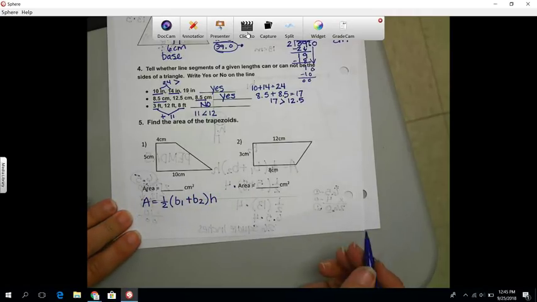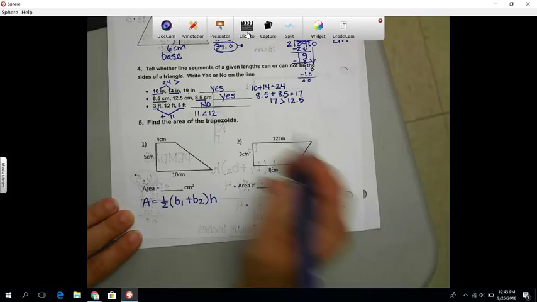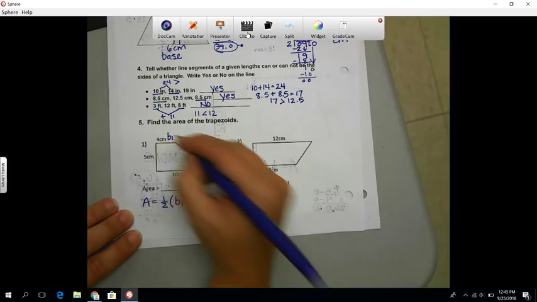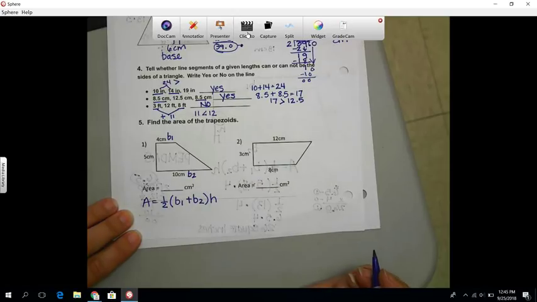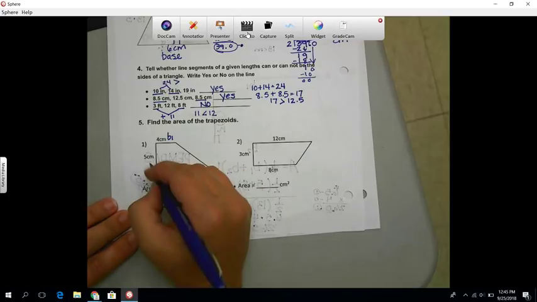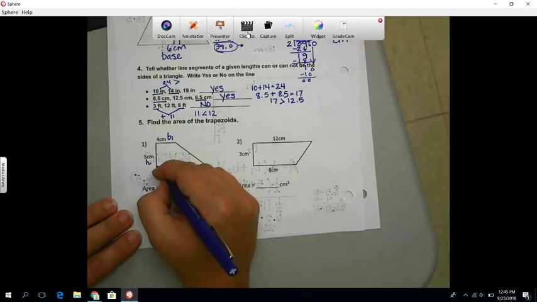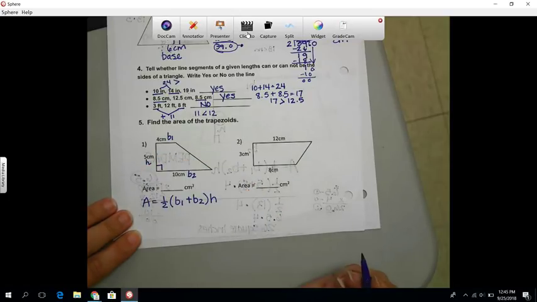Now, before we start on this, we need to know what B1 and B2 mean. We're looking for the two parallel sides. So 4 is parallel to 10. Those are our two bases, base 1 and base 2. Our height is going to be 5 because that is a perpendicular pair to our base.